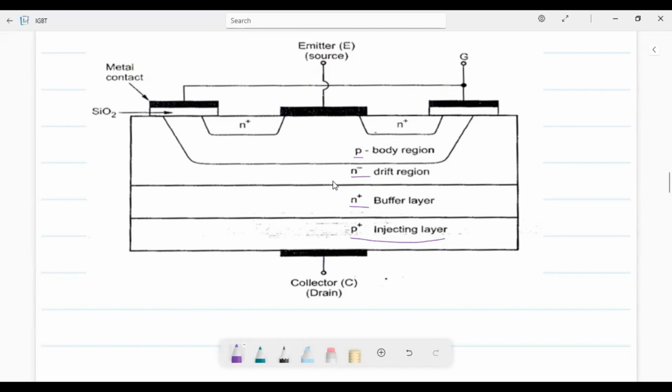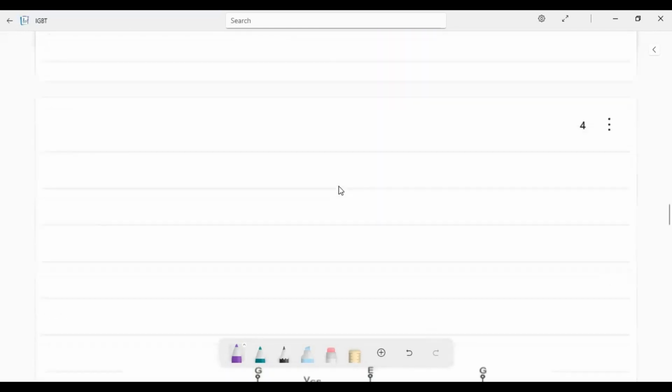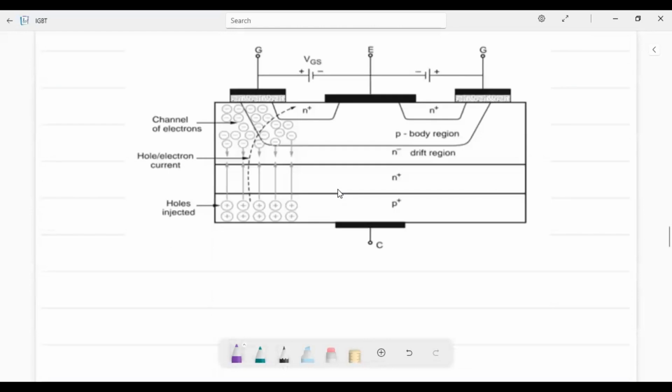So when you are giving an input, what will happen? This is the gate terminal. Gate is connected to positive, emitter is negative, and this is your P plus injection layer. Here holes are being injected in this layer. When you are applying positive voltage at this end, normally it will attract electrons.